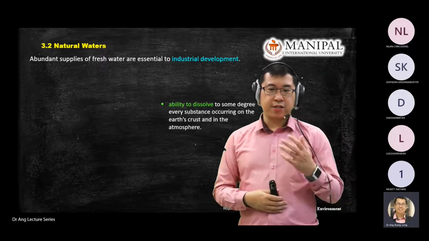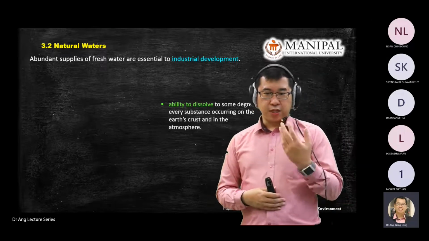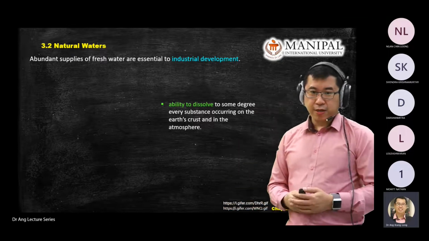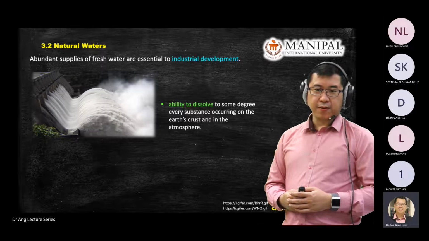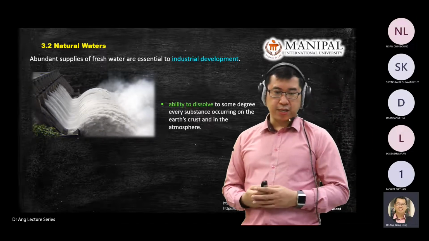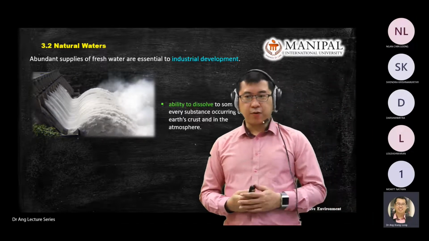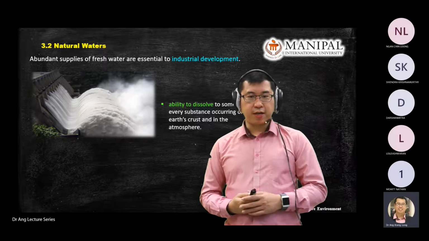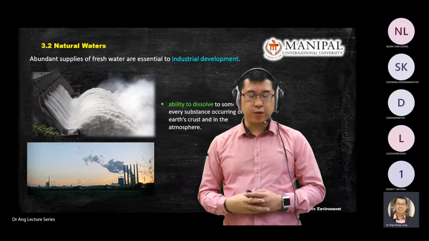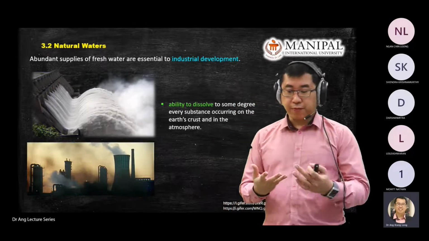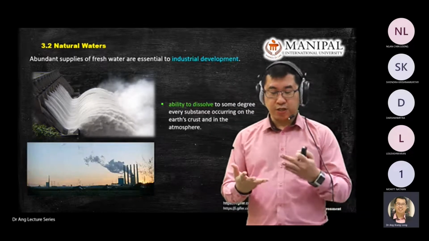So they need the steam phase to turn the blade and so on. So natural water is one of the tools they use in the industry for cooling, for power generation, and so on.